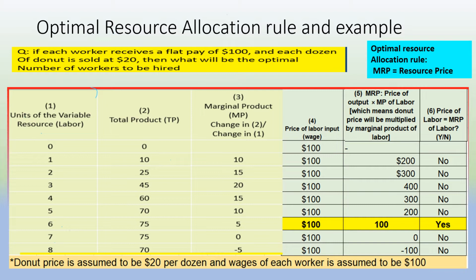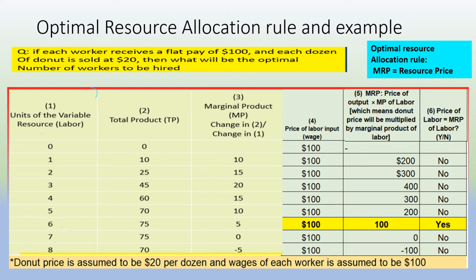So it's cumulative. If the total product is 25, corresponding to labor unit 2, that means 2 workers together produced 25 dozens of donuts. If the total product is 45, corresponding to 3 workers, then we read it as 3 workers combined produced 45 dozens of donuts, etc.